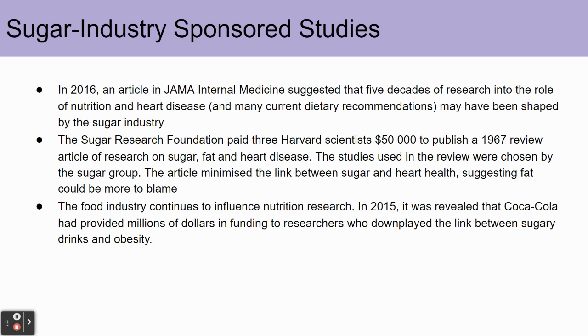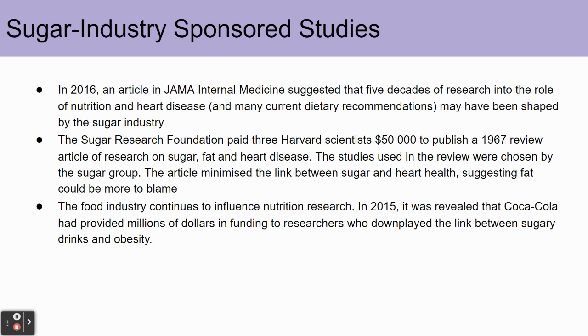In 2016, an article in JAMA Internal Medicine suggested that 5 decades of research into nutrition and heart disease may have been shaped by the sugar industry. That was because the Sugar Research Foundation paid Harvard scientists $50,000 to publish a 1967 review on sugar, fat, and heart disease. The studies used in the review were chosen by the Sugar Group, and the article minimized the link between sugar and heart health.